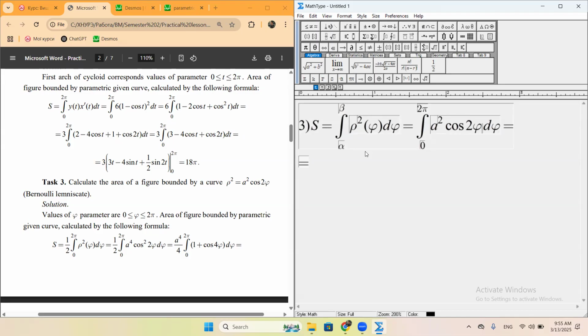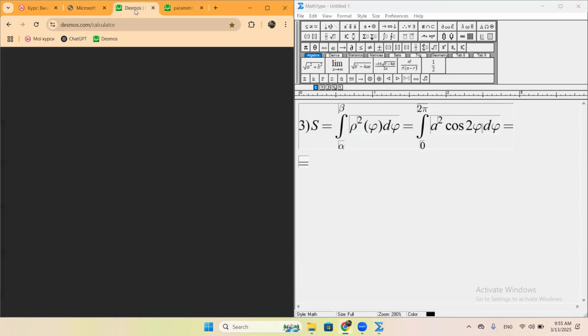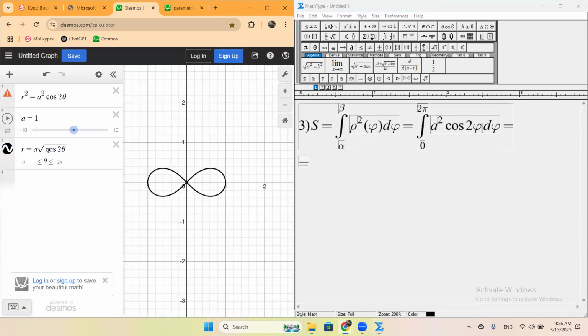So let's integrate it. Stop. It seems that there is a mistake here.